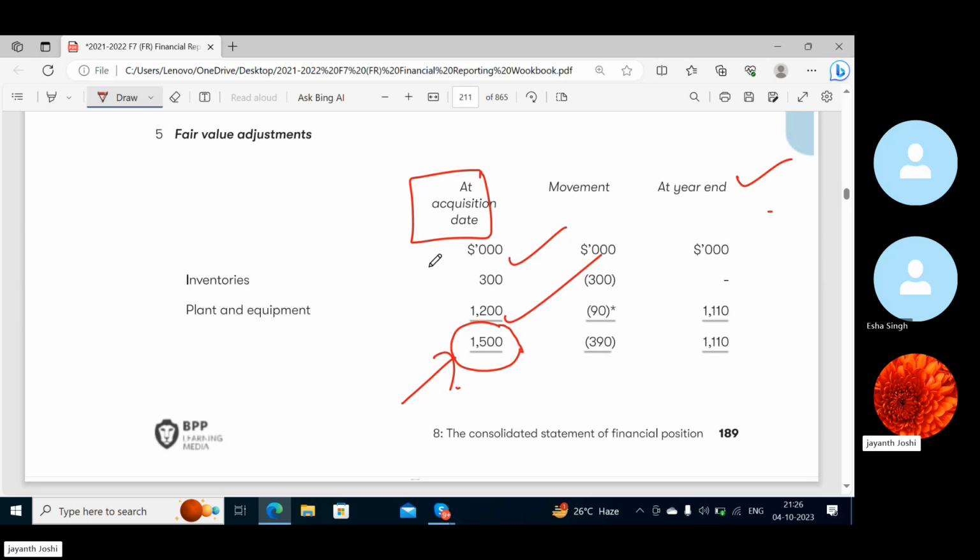Now when the inventory is sold, do you think the movements will be shown? Whatever the higher value, you will realize cash for that, correct or wrong? Yes, sir. So the inventory is sold, hence whatever inventory we were showing is not there at the year end. You can see here. And all the movements would not be there because the money has been realized.